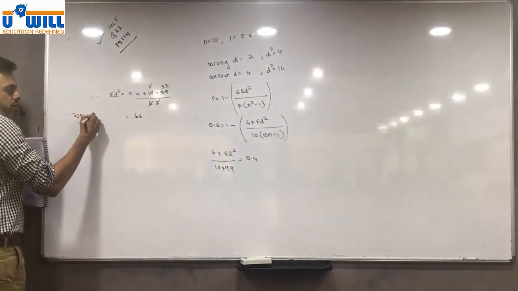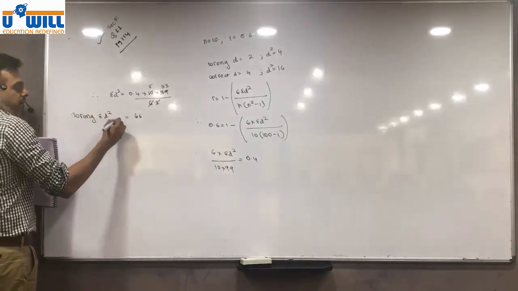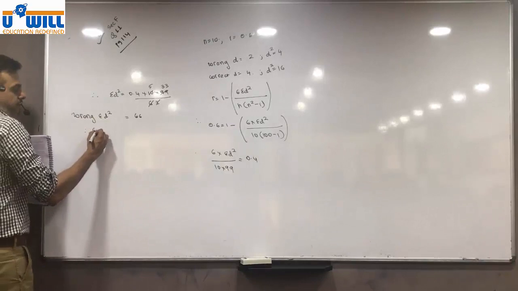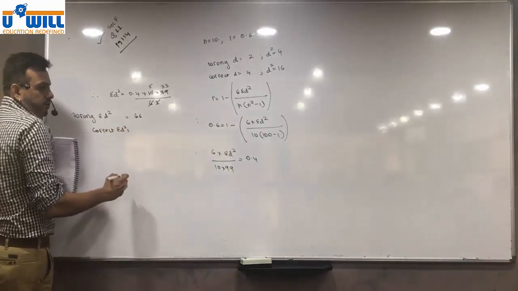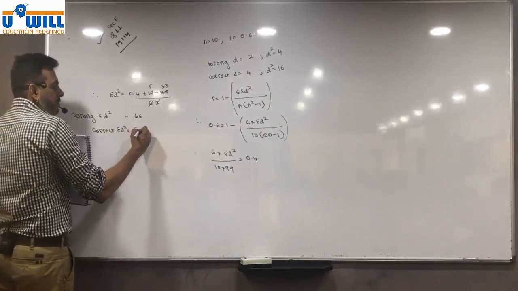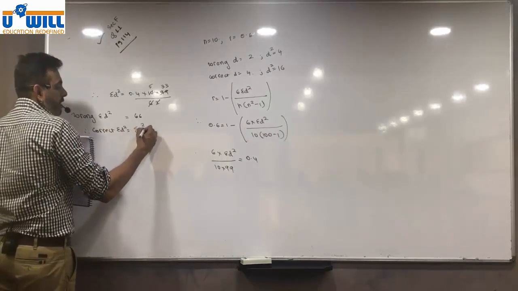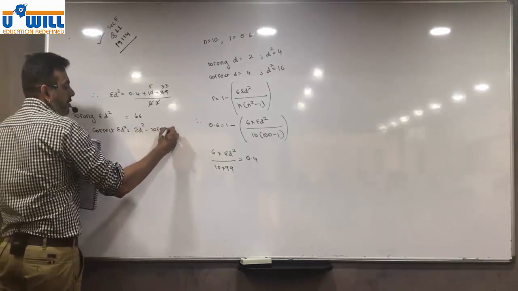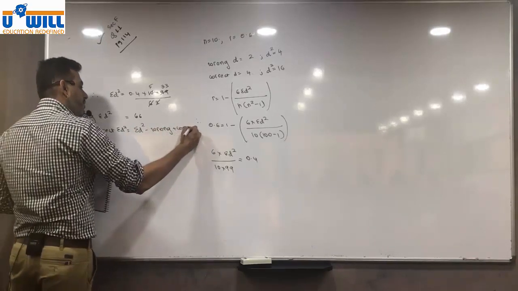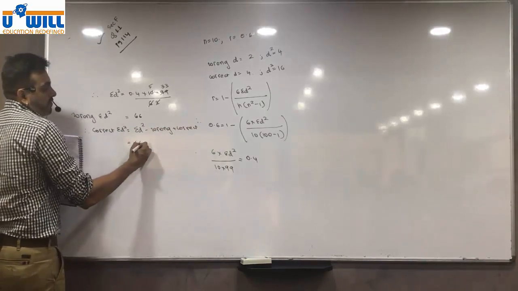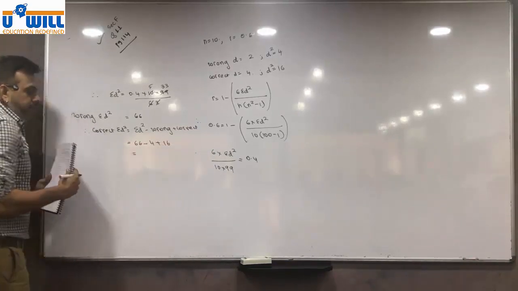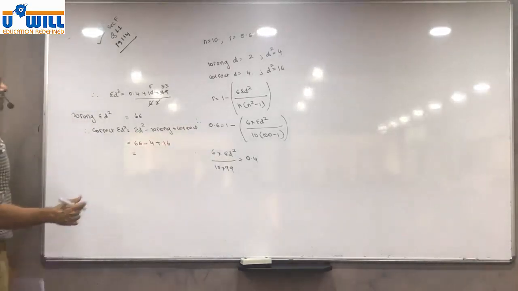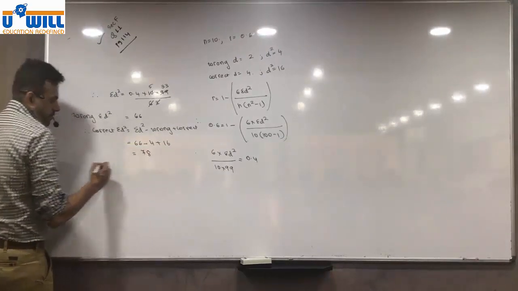Now you got wrong sigma D square. So wrong sigma D square is equal to 66. Therefore correct sigma D square is equal to sigma D square minus wrong plus correct, which is equal to 66 minus 4 plus 16, 78.